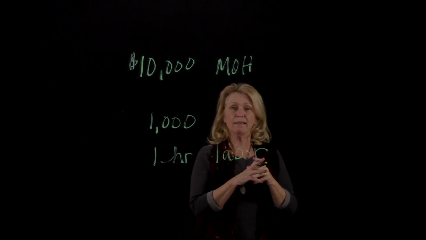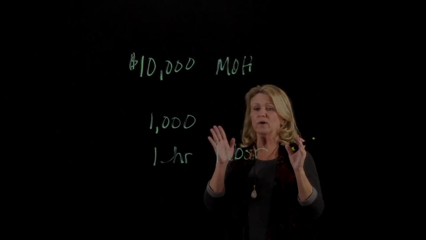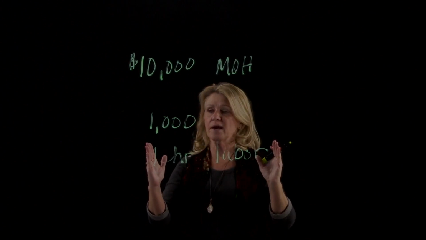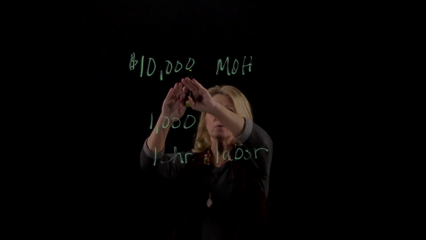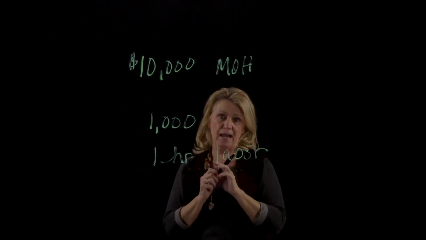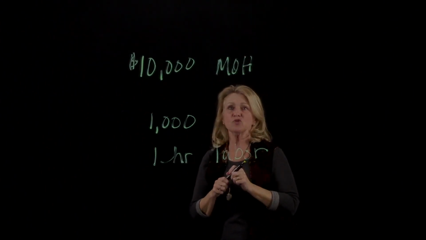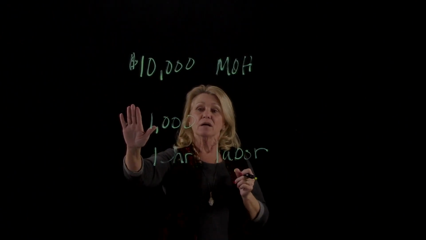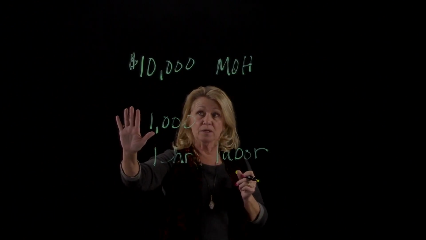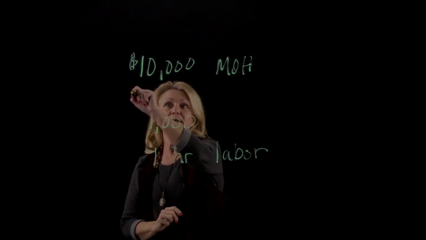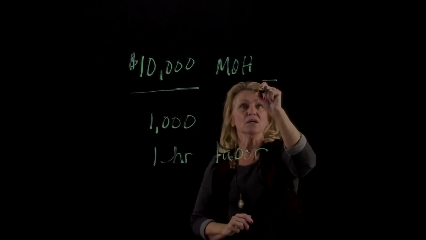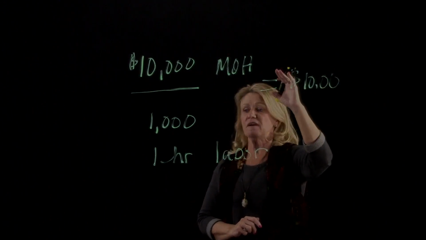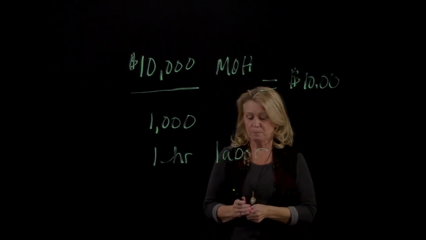So what our allocation is going to do is base it on labor, because we know that it takes 1 hour of labor to make this bicycle. So we're going to allocate this overhead based on the hours of labor. If we have $10,000 in manufacturing overhead and we have 1,000 hours of labor, we divide: 10,000 divided by 1,000 equals $10 of manufacturing overhead goes into each bicycle.